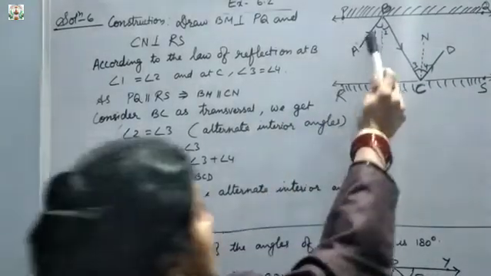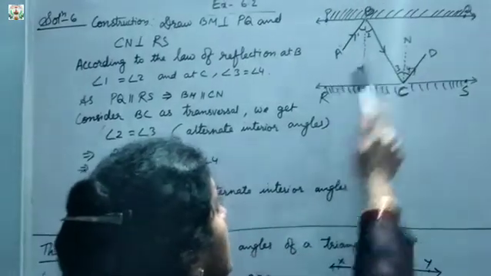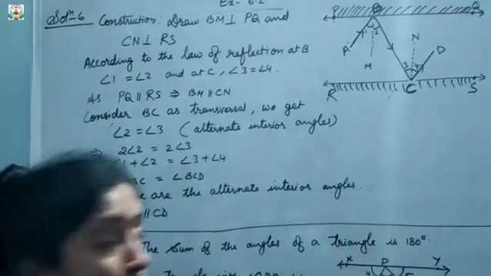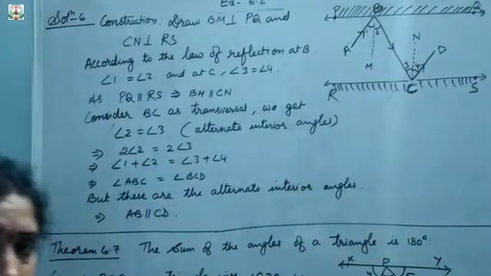Now this construction, this figure, is given. PQ and RS are two mirrors placed parallel to each other.